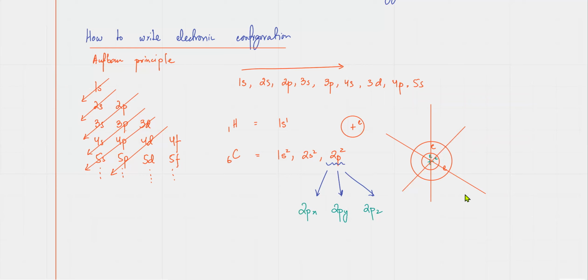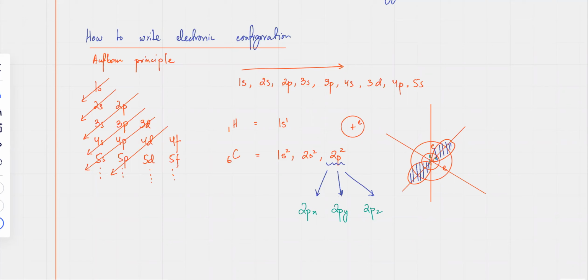So when I say that a 2p subshell has 2 electrons, what that means is that there could be a double-lobed region over here, and there could be 2 electrons somewhere in that area.